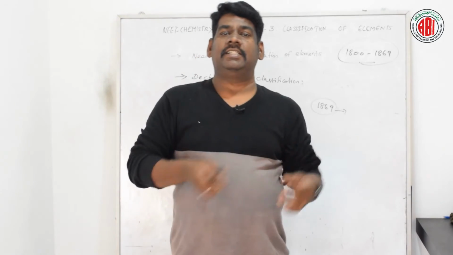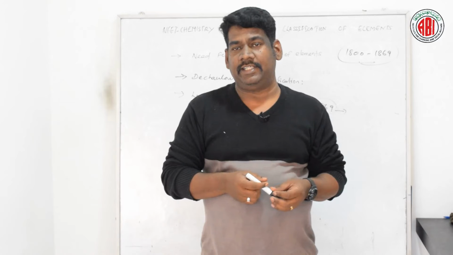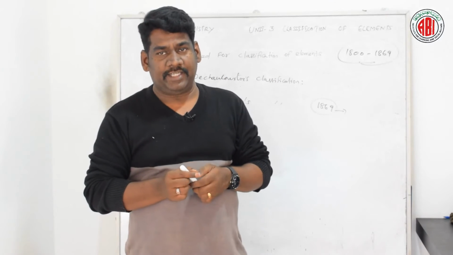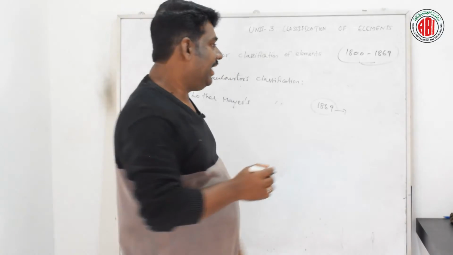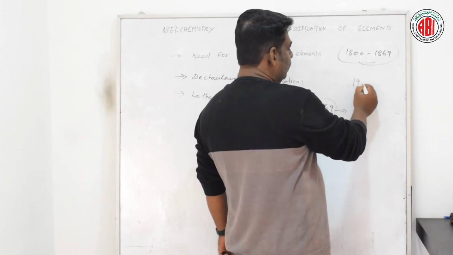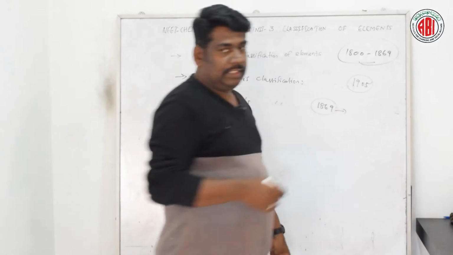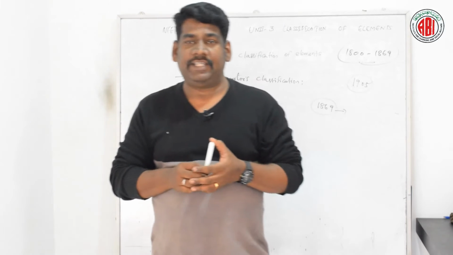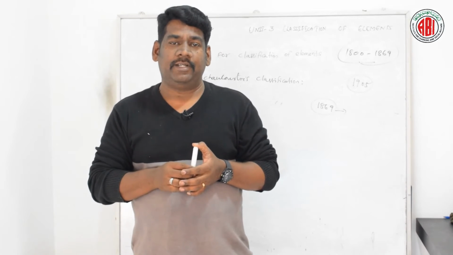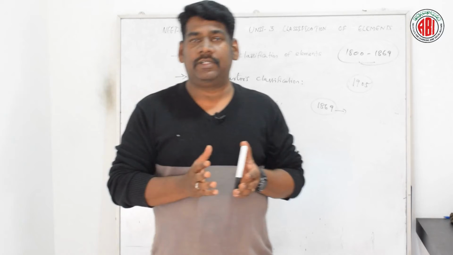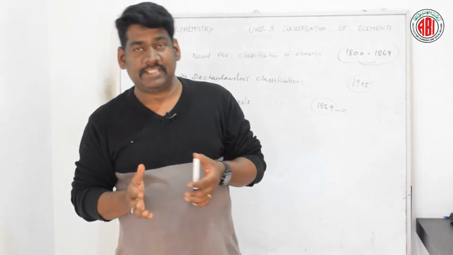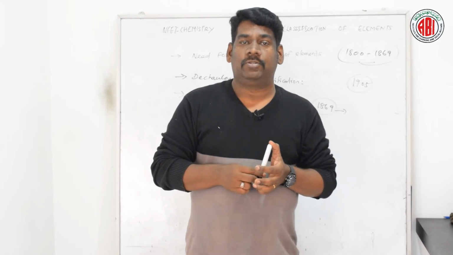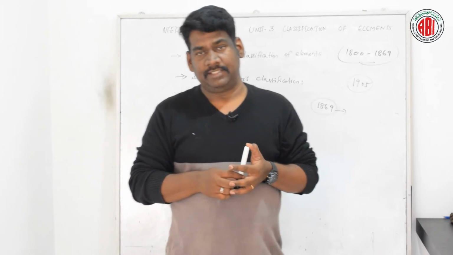The properties repeat periodically, and Mendeleev published his periodic table in the year 1905, giving the table in detail with the arrangement of the elements based on physical and chemical properties and also atomic weight.